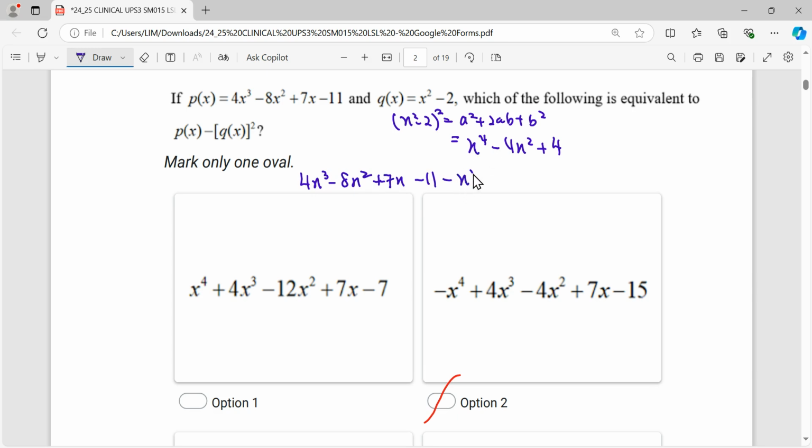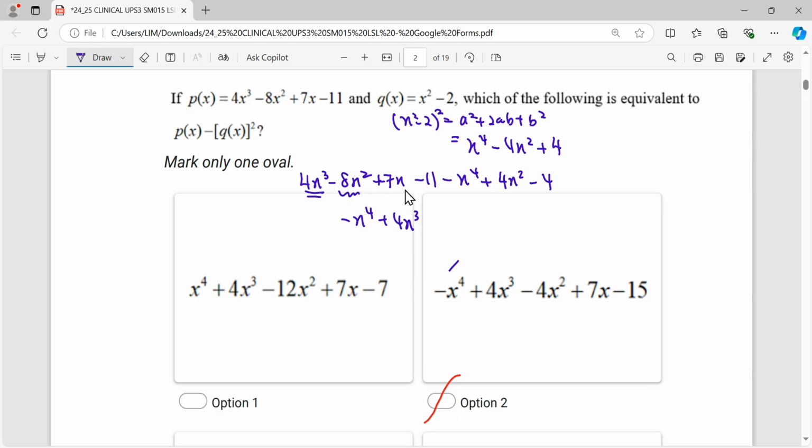Then we minus this. Negative, negative becomes positive. So we have the first term negative x to the power 4, second term cubic, power of 3, negative 4x squared.